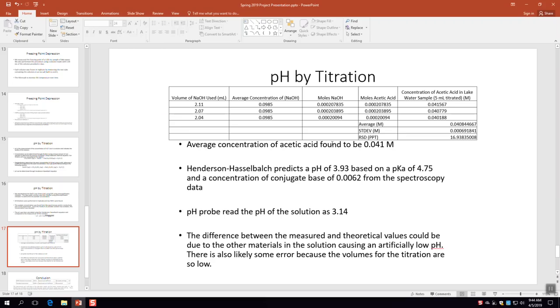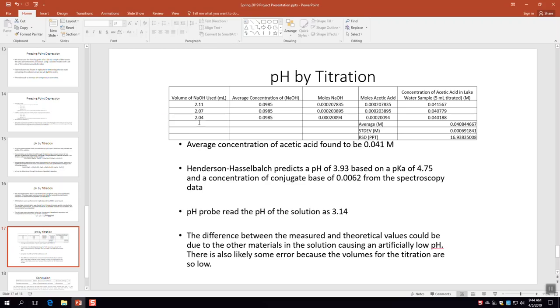The last thing that we want to do is draw a conclusion reporting to the NYDEC, which I'm going to turn over to Tim to do. One thing I do want to mention here is that the volume of NaOH used is very, very small, only 2 milliliters. This can cause errors in your titrations because one drop is a much greater percentage of a few milliliters than it is of 15 or 20 milliliters.